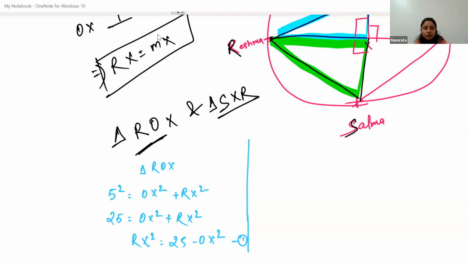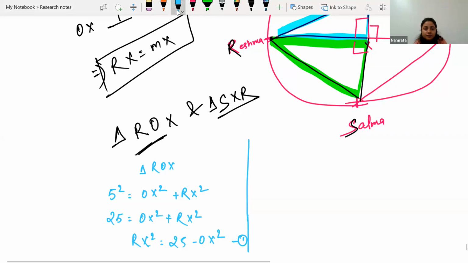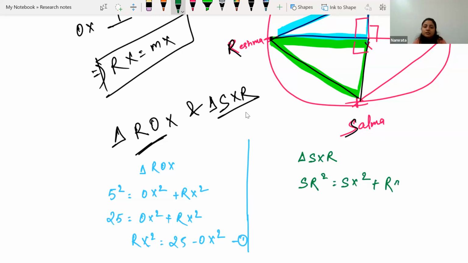Let's do it for the green triangle. So we can say in green triangle SXR or RSX, whatever you name it, hypotenuse square, that means SR square, is equal to SX square plus RX square. Hypotenuse square is equal to perpendicular square plus base square. Nothing else we have taken. Now SR, we know the distance between this one is 6.